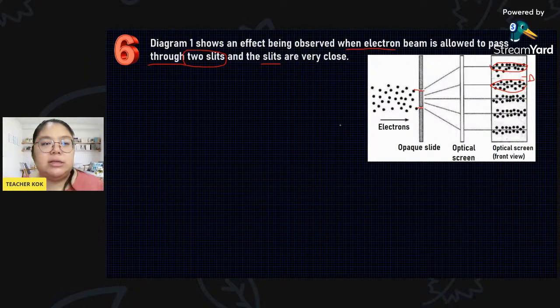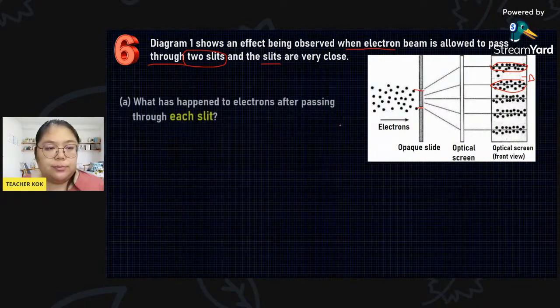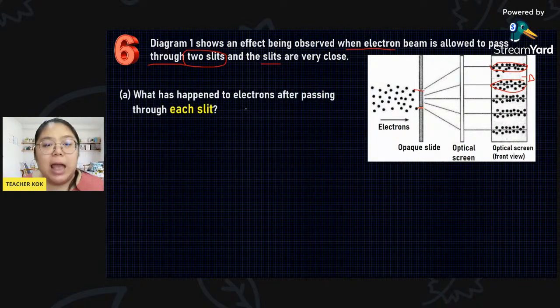So from here, let's see what the question asks. What has happened to the electron after passing through each slit? The question is a little bit specific. They said each slit; they never asked about the double slit.